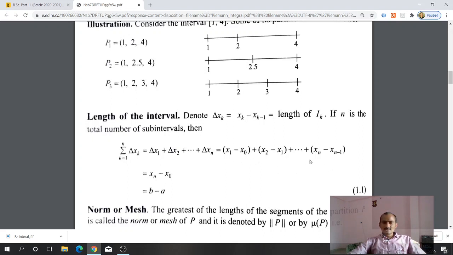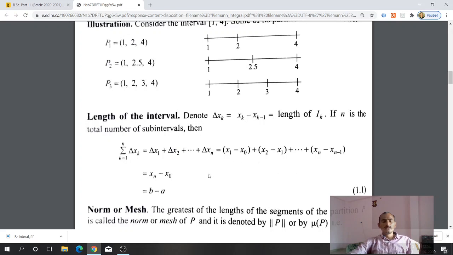If we add these, x1 minus x1 will get cancelled, x2 minus x2 will get cancelled, and so on. Lastly, the only remaining terms are xn minus x naught.